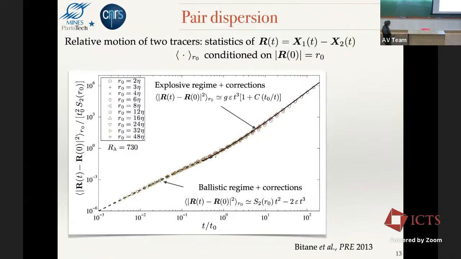It's normalized in such a way that both the ballistic regime, which is this dashed line here, is collapsing, and the explosive regime, which is this cubic line here, is also collapsing. So you see that for the circles you have some deviations here. But as soon as you go far enough in the inertial range, you see that you have these two regimes which are developing.